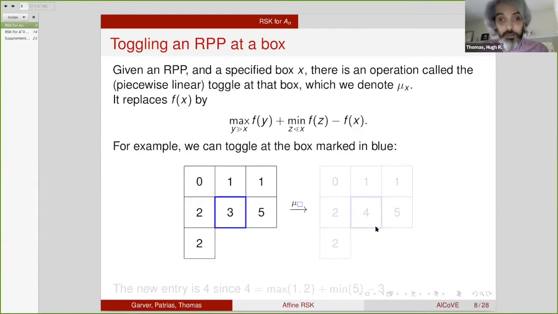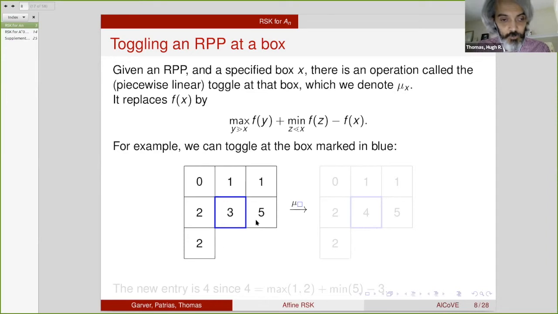Okay. So now let me start in on the other approach that I want to describe. This is in terms of toggling. So I'm going to have to explain what I mean by toggling. Given a reverse plane partition and a specified box, there's a piecewise linear toggle at that box, and it replaces the value that was there by, we take the larger of the entries that are immediately above it, in this case the 2, and the smaller of the entries that are immediately below it.